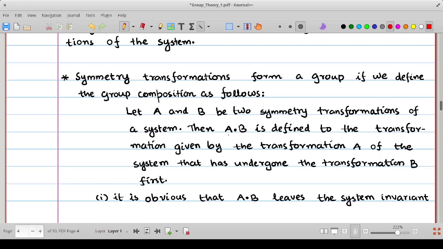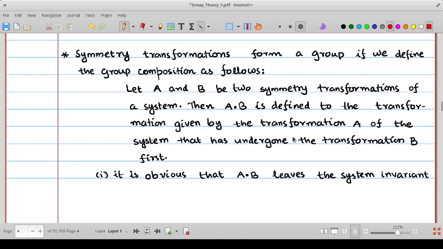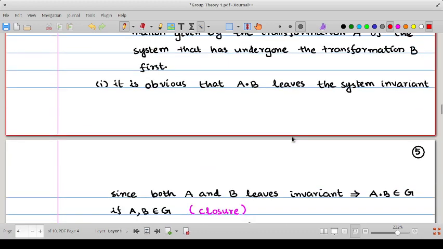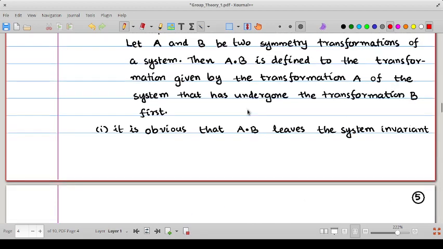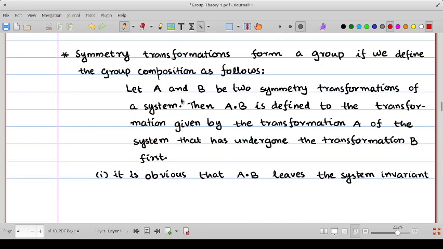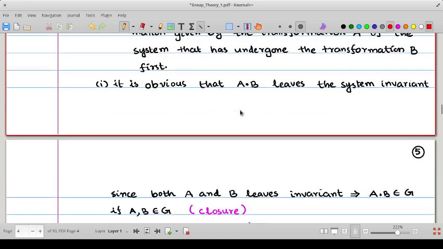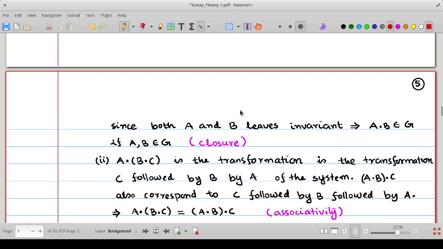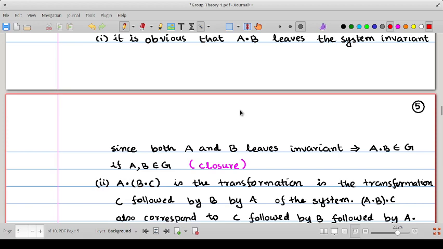And we define the composition of A and B as B followed by A. So we have already seen here that the composition A dot B is closed. That is because A dot B, the composition which we defined as B followed by A, is also a symmetry transformation.